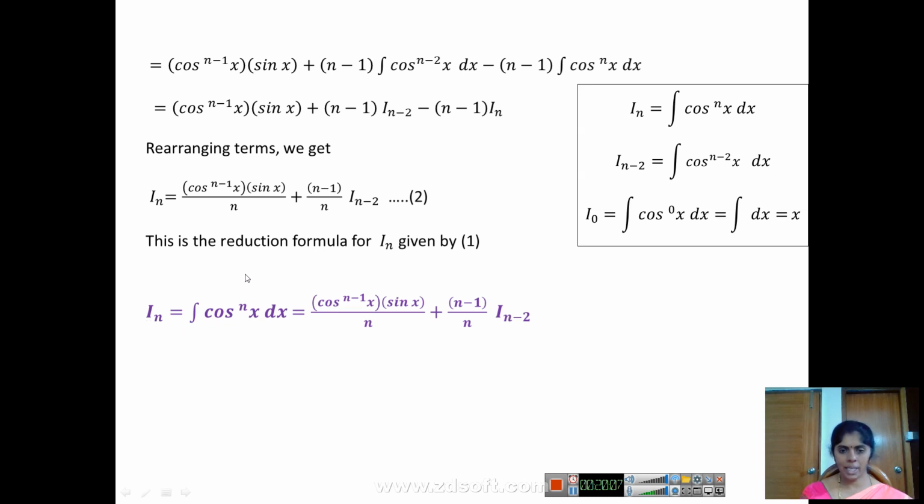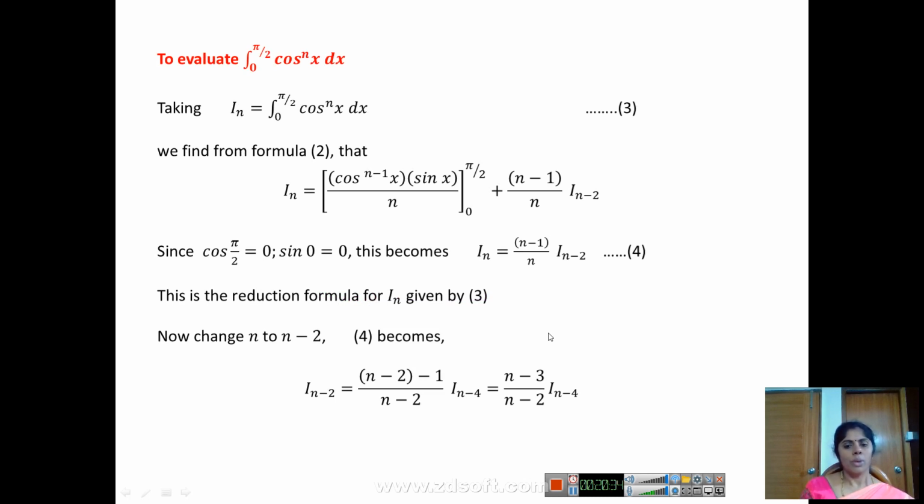Once again, observe this formula: In equals the integral of cos to the power n of x dx, which equals cos to the power n minus 1 of x into sin x divided by n, plus n minus 1 divided by n into In minus 2.